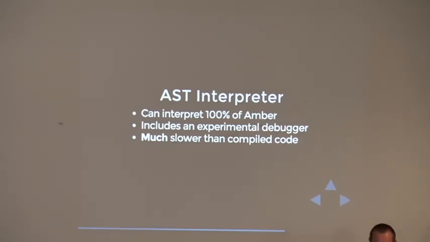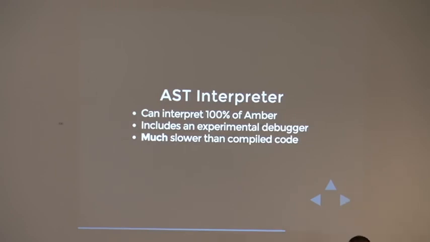So it's pretty good, and it also includes an experimental debugger. I say experimental because the UI of the debugger is really new, but I can show you some stepping there and there. And of course, this AST interpreter is much slower than the compiled code. I think 10,000 times slower. But we don't care, because we use it for debugging, right? And when you debug, you don't need that much speed.